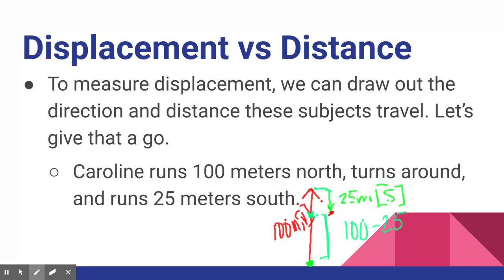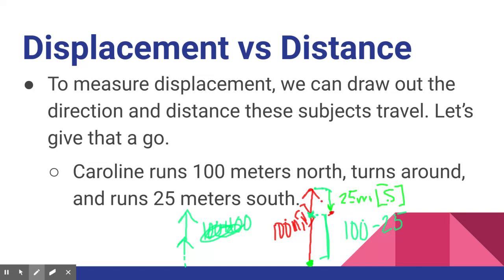So this is where the positive and negative comes in. If Carolyn were to run 100 north and then another 100 meters north, it'd be 100 plus 100, so you'd have a displacement of 200 meters.